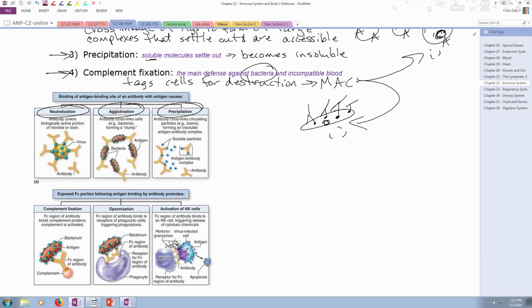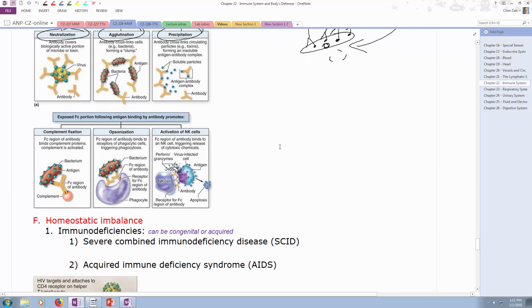And so we do get a smaller type of material that settles out when you compare it to agglutination. Agglutination is big stuff settling out, precipitation, small stuff settling out, both due to the bivalent nature of the antibodies and cross-linkage.